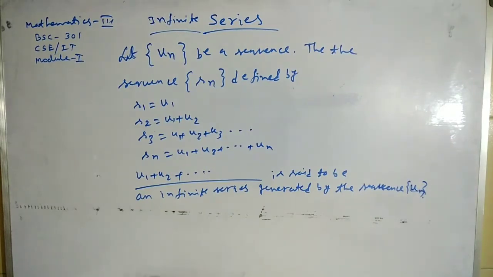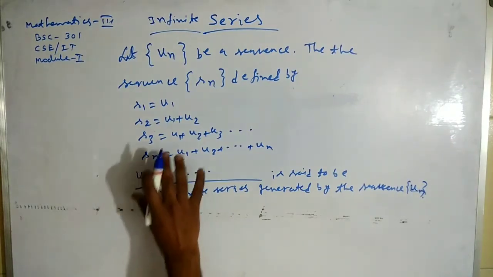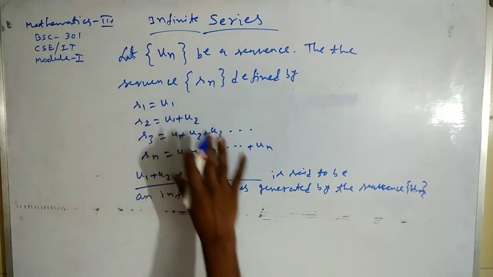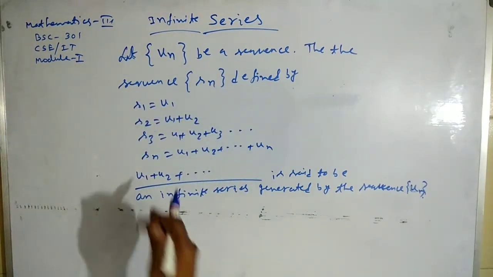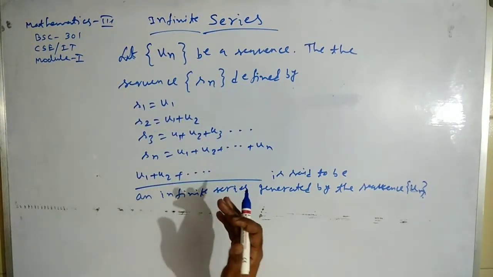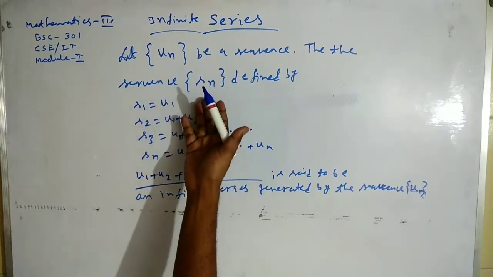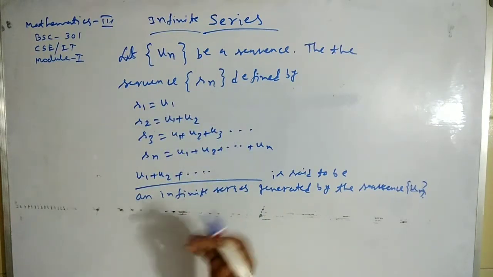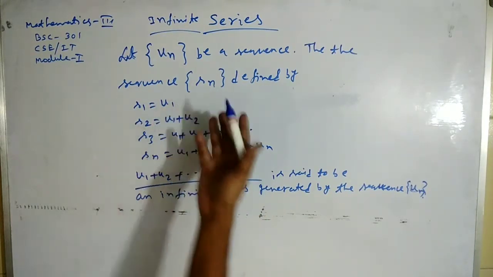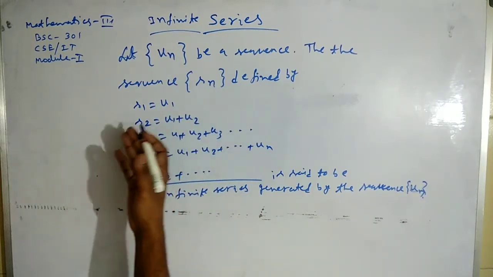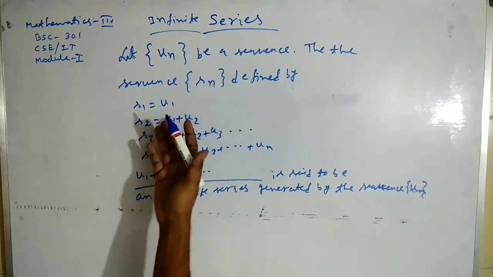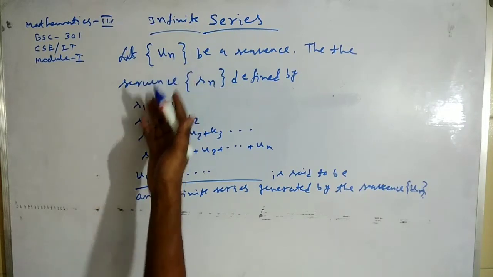So if we are given a sequence Un, then we will generate a new sequence that is named Sn. So what will be the terms of the new sequence Sn? S1, first term will be the first term of the sequence Un, that is U1.